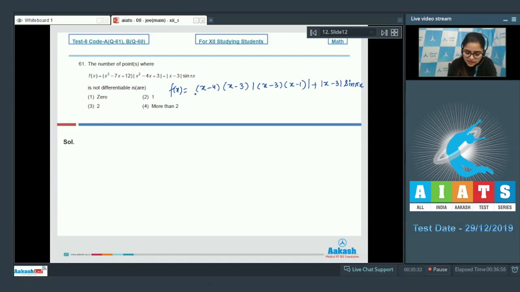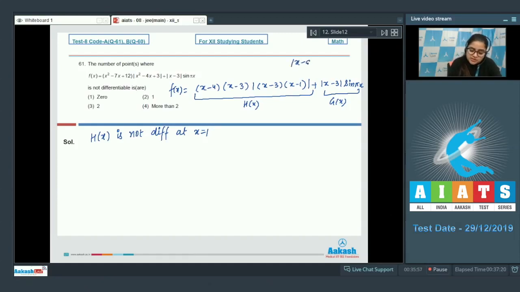So see, let this function be your h of x and this function be your g of x. So function h of x is not differentiable at only x equal to 1. We know modulus of x minus a is not differentiable at x equal to a.